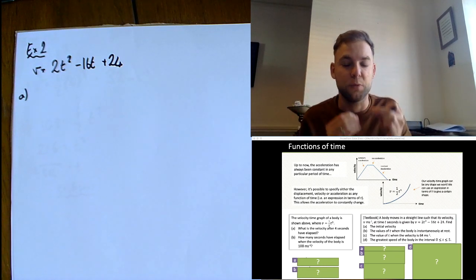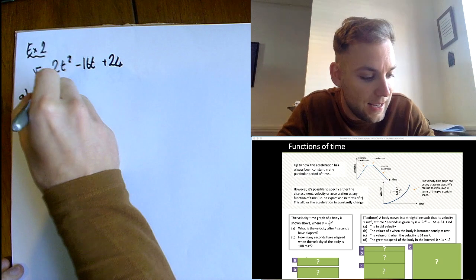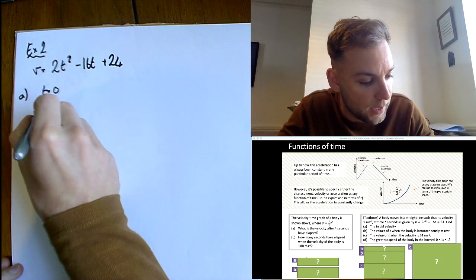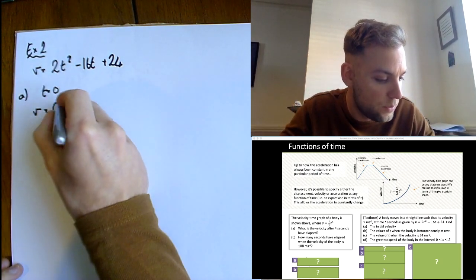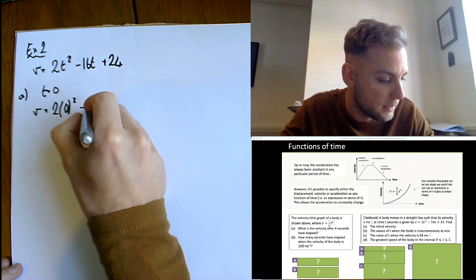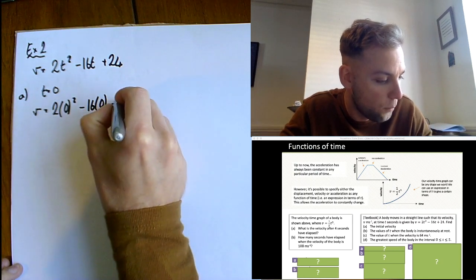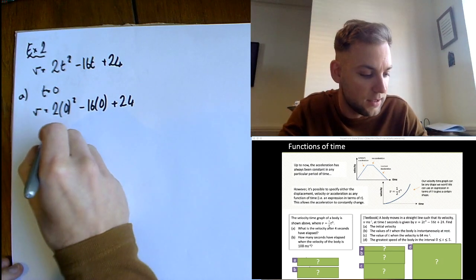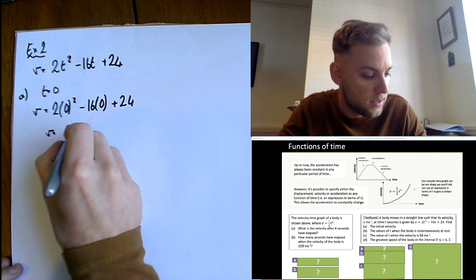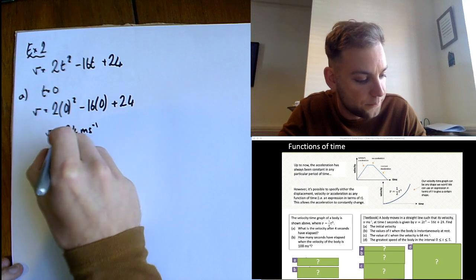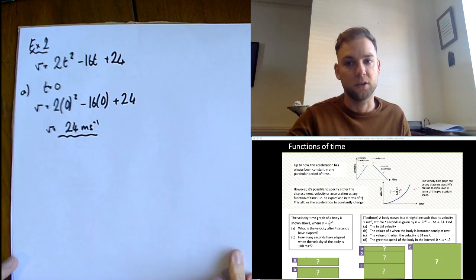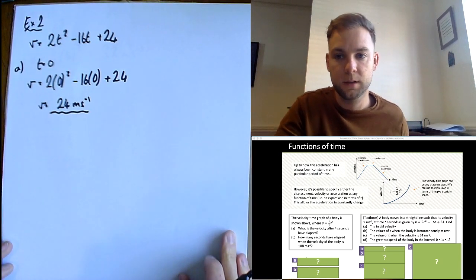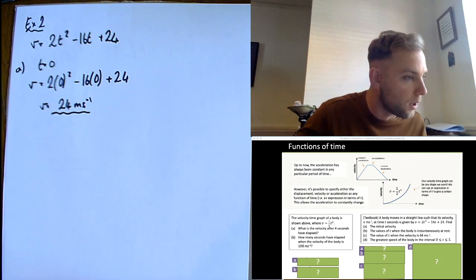So what is the velocity when it started? When t is equal to 0, I'm going to sub that in. It's going to be 2 times 0 squared minus 16 times 0 plus 24. Anything times 0 is going to be 0, so I just end up with v is equal to 24 meters per second. And there I've got my velocity. Brilliant. So that's the first part.